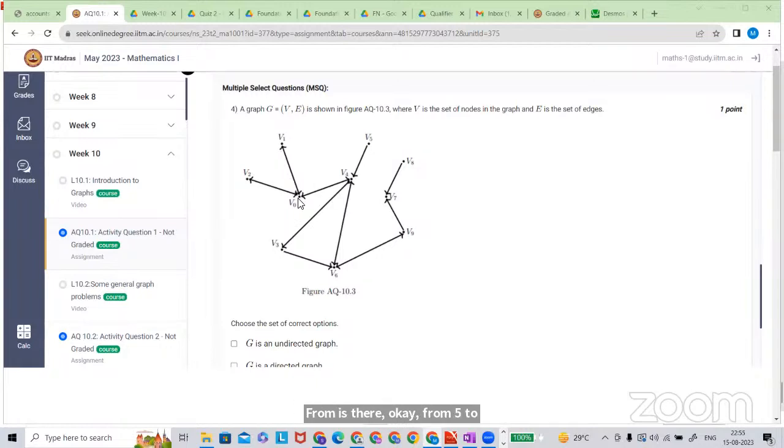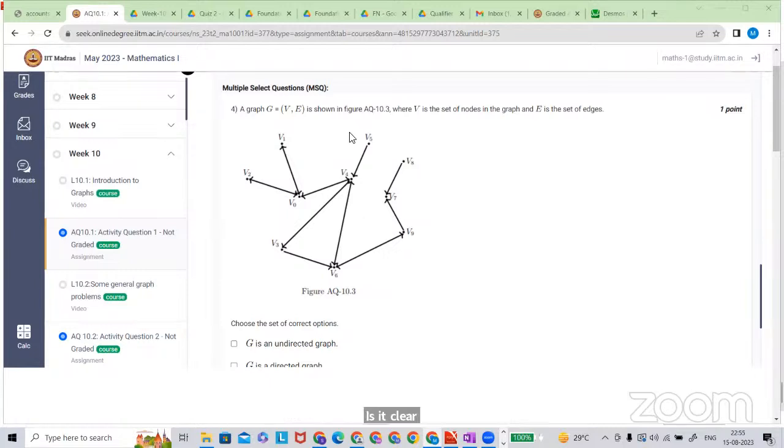From V1 we can go to V0 because there is a two-direction arrow. From V0 we reach V4, and here also both sides are directed. So from V1 to V4 we can reach. From V2 to V4 also we can reach because there are both directions there too. Is it clear? Yes, sir.